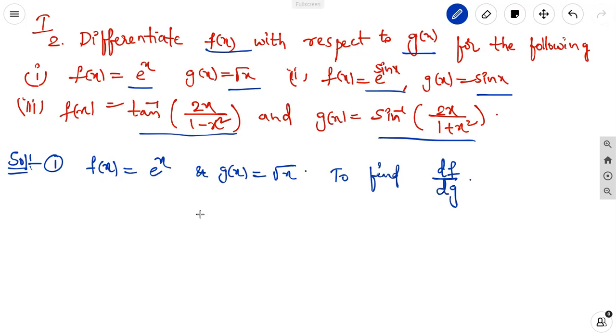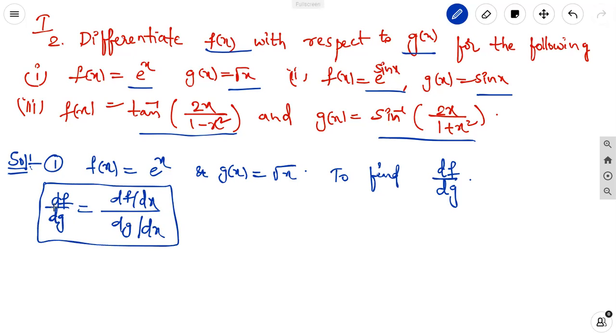In general, we know that df by dg is f differentiating with respect to x, g differentiating with respect to x, and dividing one by another. Here dx gets cancelled, we are getting df by dg equal to df by dx by dg by dx.